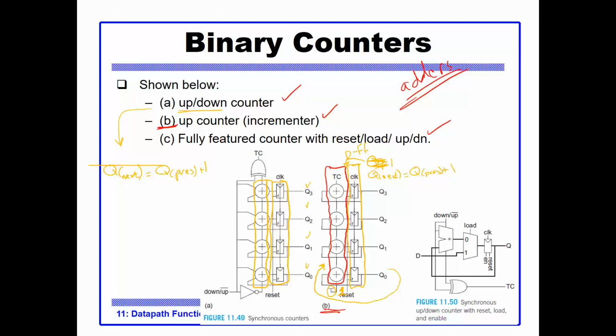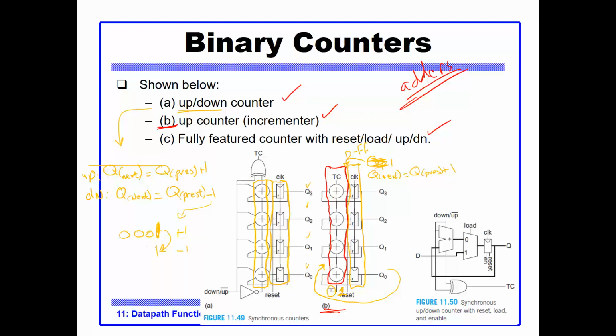This is to do the up count. How about the down count? Well, for the down count, Q next, the next value of the Qs, equals the present value of the Qs minus 1. How can I implement minus 1? In a 4-bit register, minus 1 is obtained by taking the 2's complement. So plus 1, minus 1 is by the 2's complement.